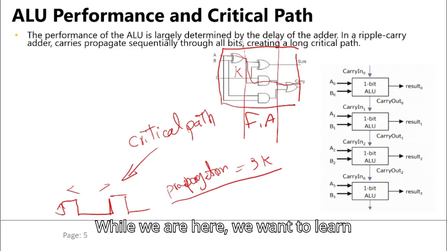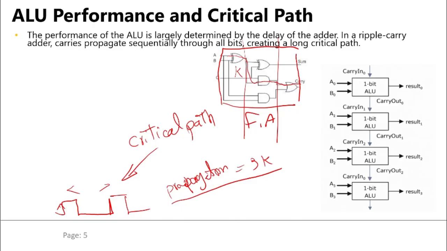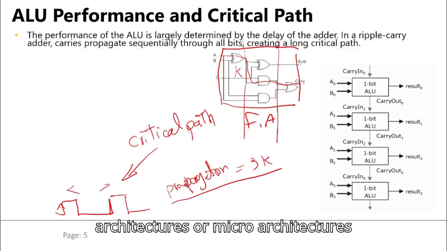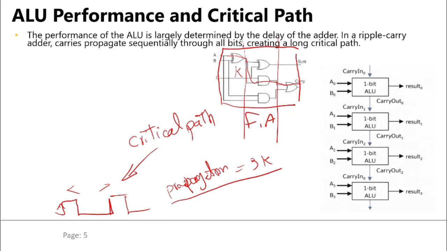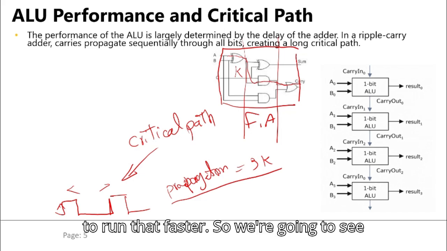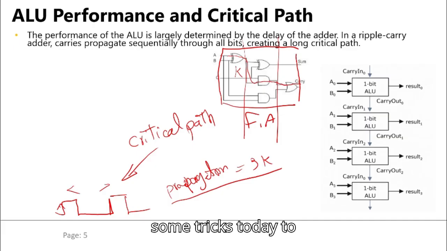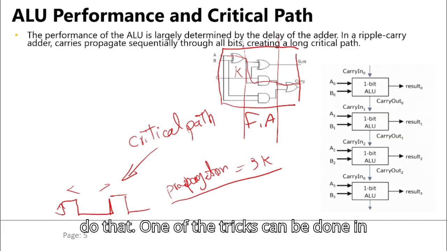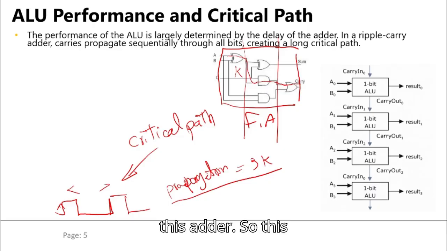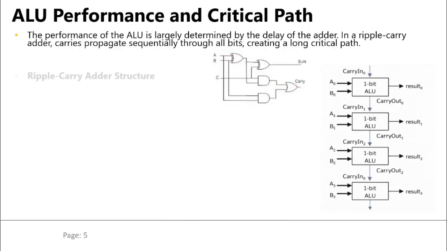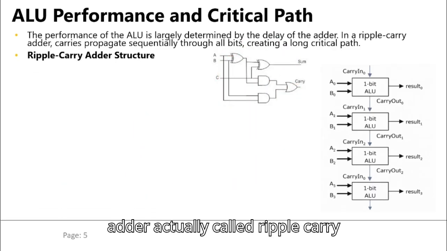Why are we here? We want to learn how to design these microarchitectures to run faster, so we're going to see some tricks today to do that. One of the tricks can be done in this adder, which is actually called a ripple carry adder.